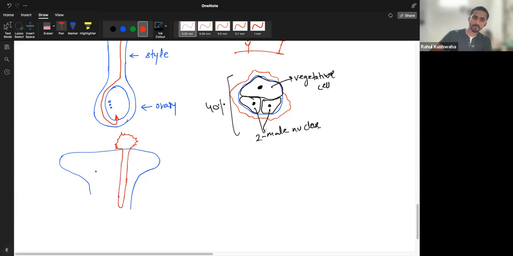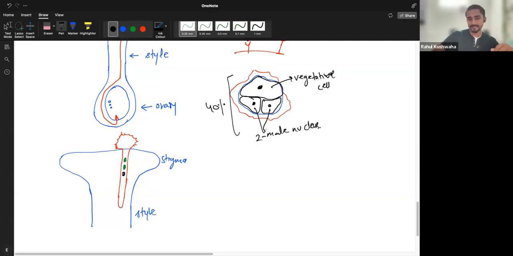Okay, this tube is going through the stigma, style. Now there will be 3 nucleus traveling. 1, and I'll use another color. Let me use green. 2 and 3.